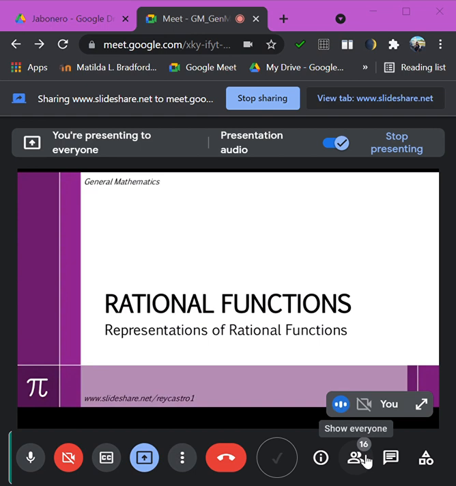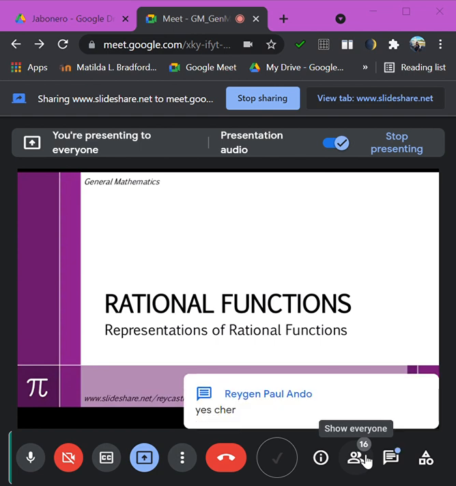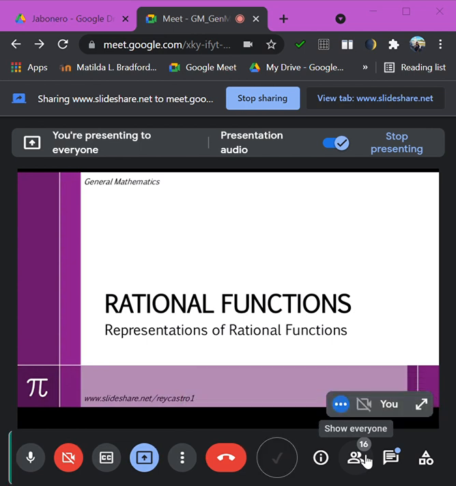Yes or no? Makagamit ba ta graph sa atoang rational function? Okay, yes, very good. We can use our graph as rational function. We can identify rational functions through our graph.